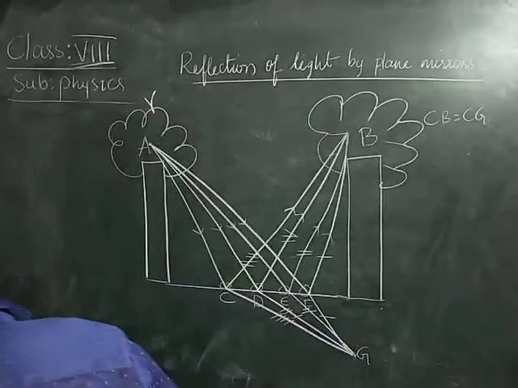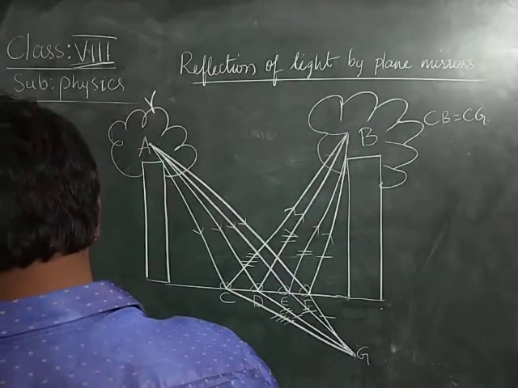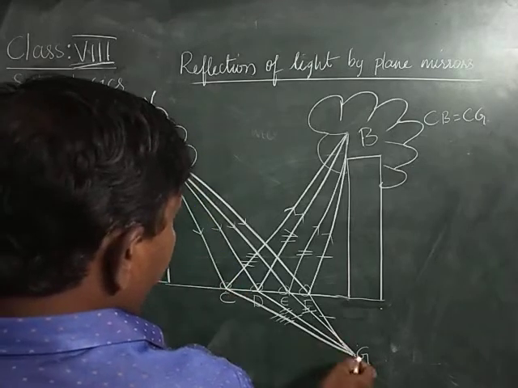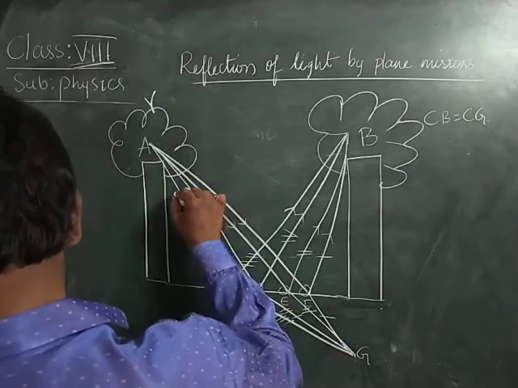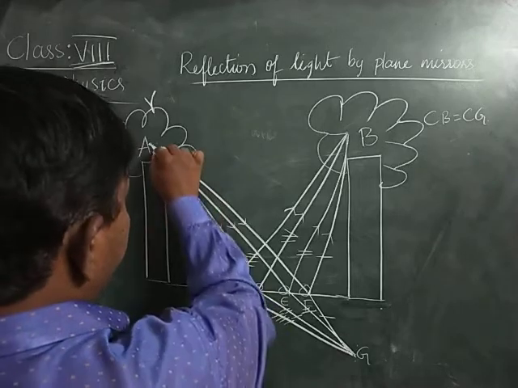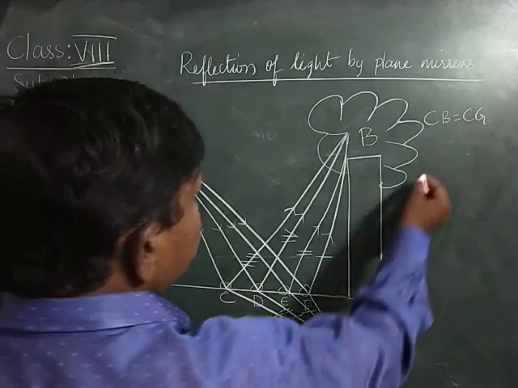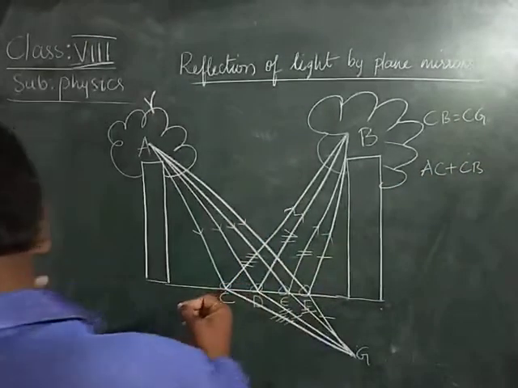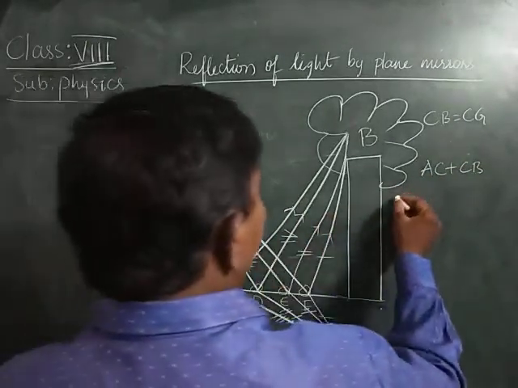CB is equal to CG. And of the path ACB in the triangle ACB, AC plus CB.